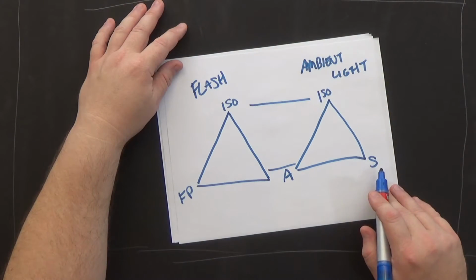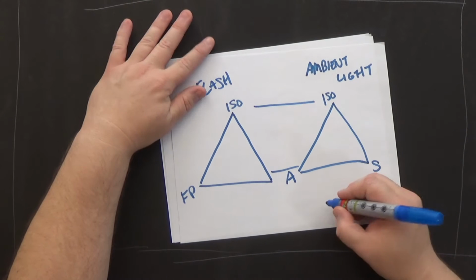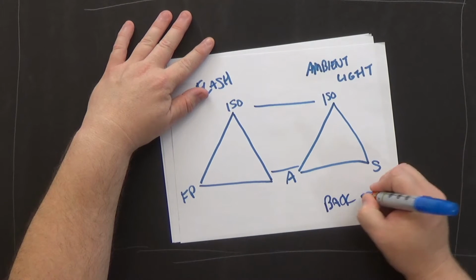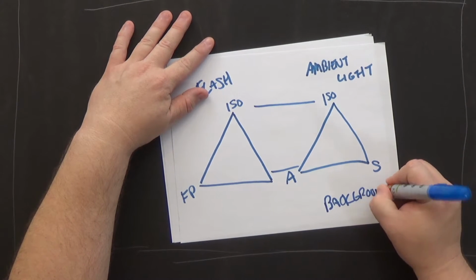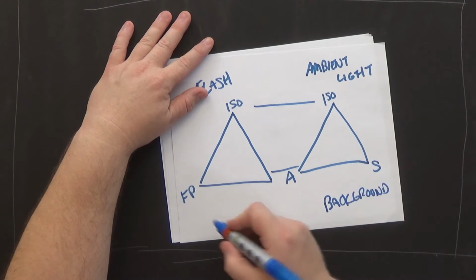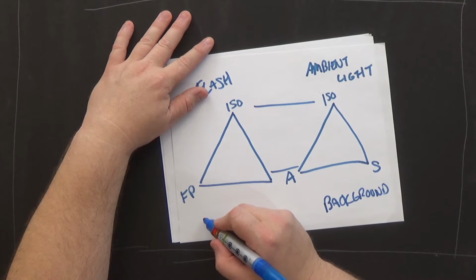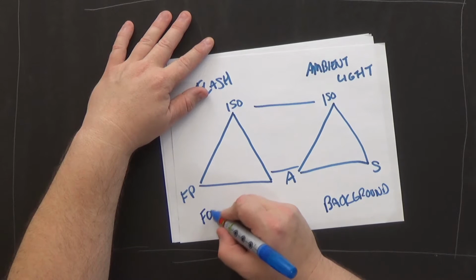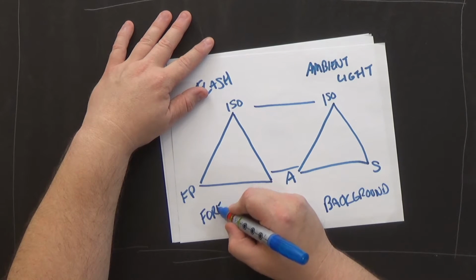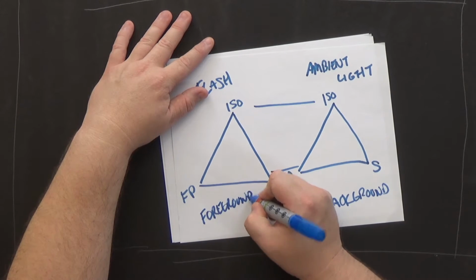So to control the ambient light, which is also the background in most cases, depending on where you put your flash, and the flash exposure affects the foreground, or a model.